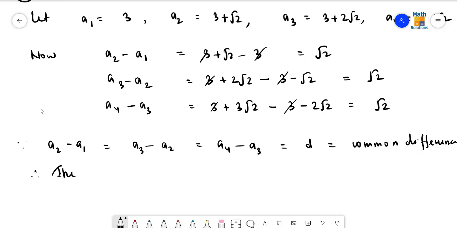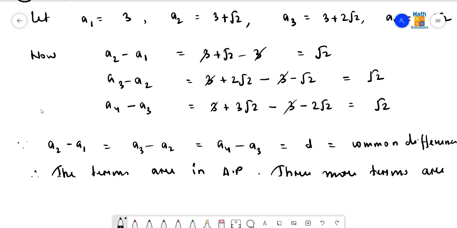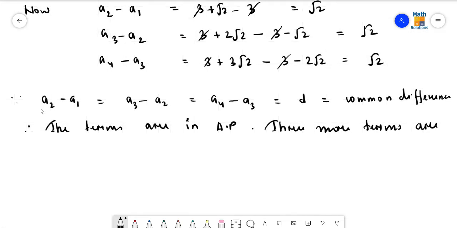Therefore the terms are in AP, three more terms are here: I get A5 is equal to A4 plus d. What can I write? 3 plus 3 root 2 plus root 2. Of course there will be 3 plus 4 root 2.